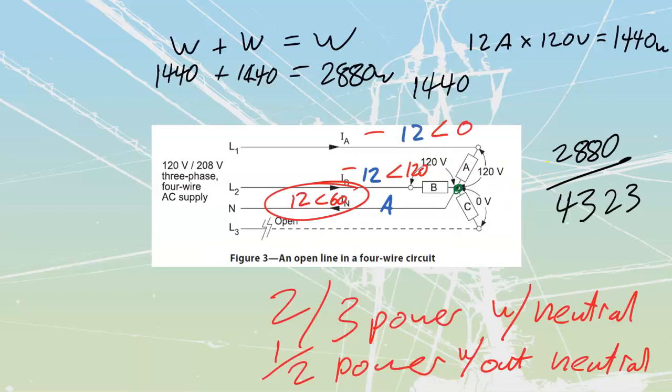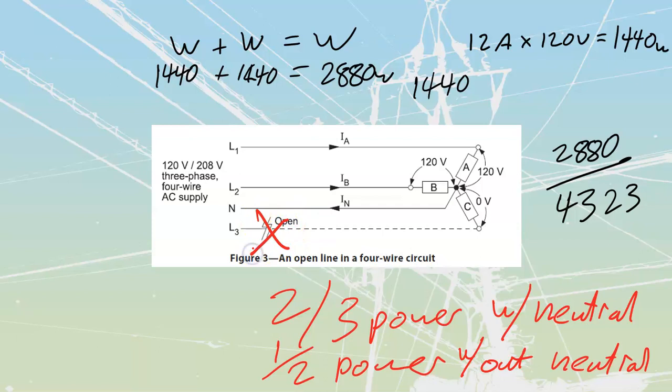Let's just compare that with when I've got a neutral and no, let me just erase a bunch of this over here. When I've got a neutral, but I open inside of the line, a line open is going to give me 0 volts across my element over here. These other 2 still have proper 120 volts.